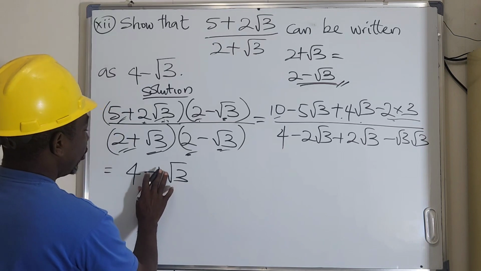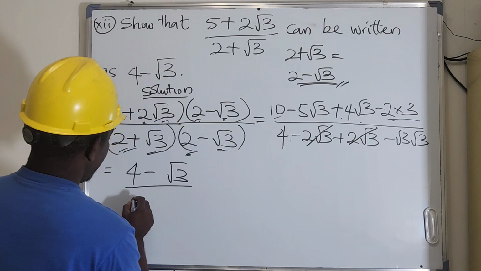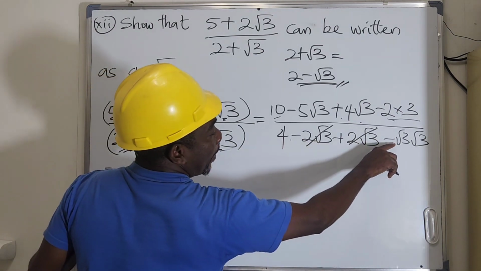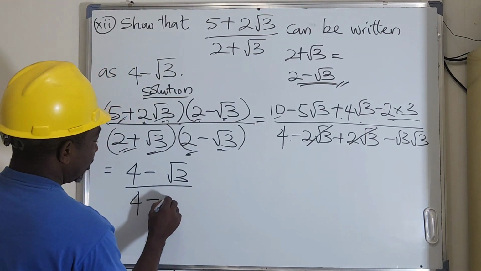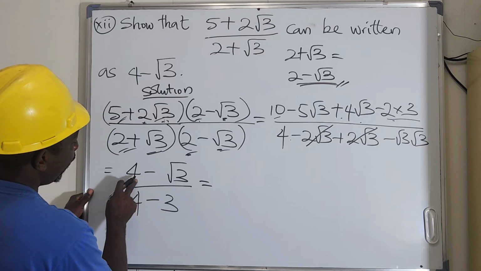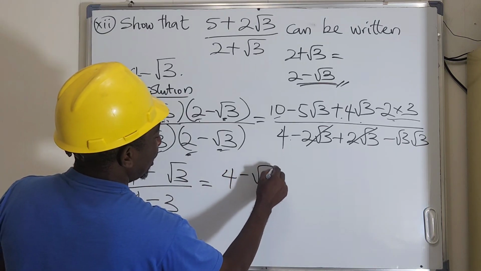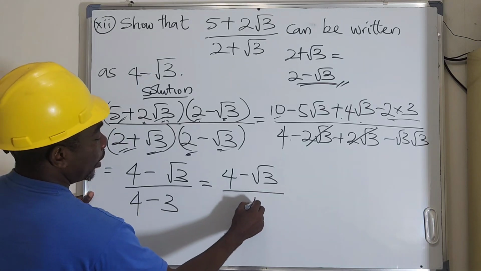So it's going to be minus root 3 all over. This one will cancel here. We are now left with 4. Then here minus root 3 times root 3 is going to give us minus 3. So in this case, we have here 4 minus root 3 all over, this is 4 minus 3, which is 1.